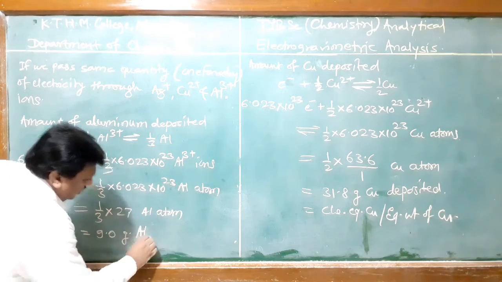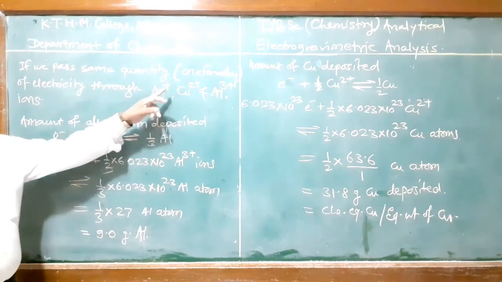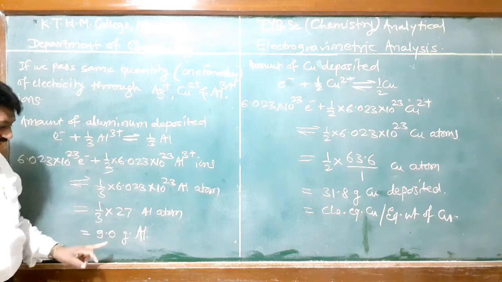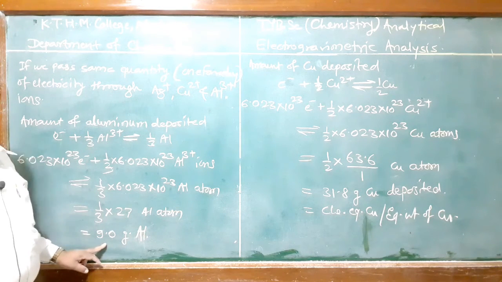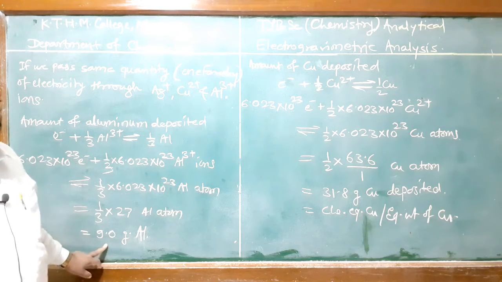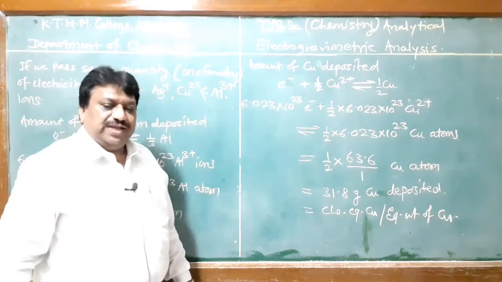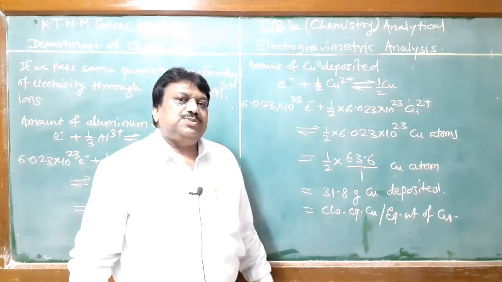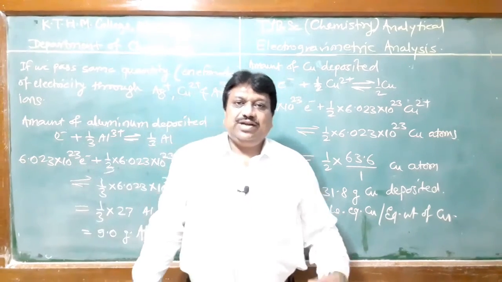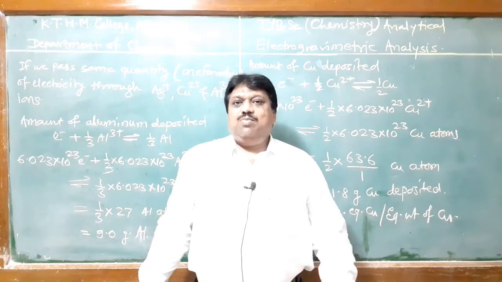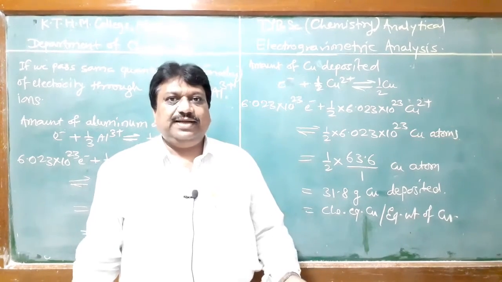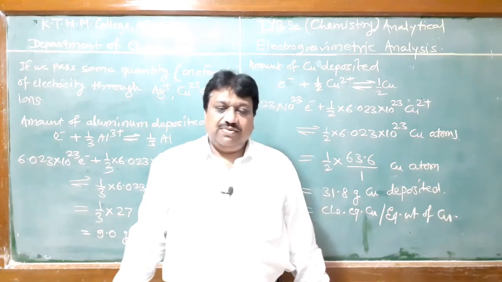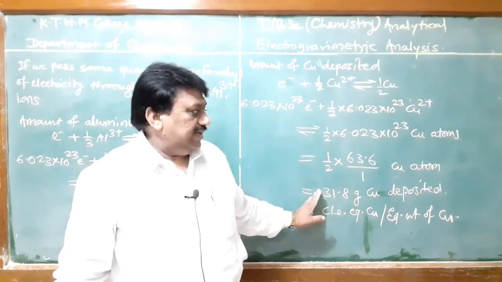Therefore, here when we pass 1 Faraday of electricity through a trivalent metal ion, it deposits 1/3 mole of that particular ion. According to Faraday's second law of electrolysis, when the same quantity of electricity is passed through different electrolyte solutions, the amounts of substance deposited or liberated at the respective electrodes are directly proportional to their chemical equivalents or equivalent weights.